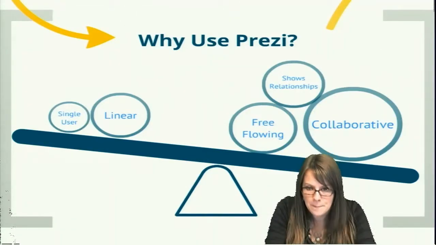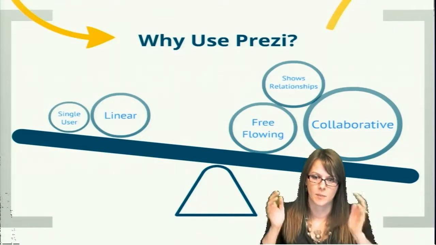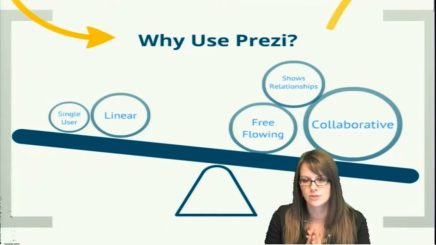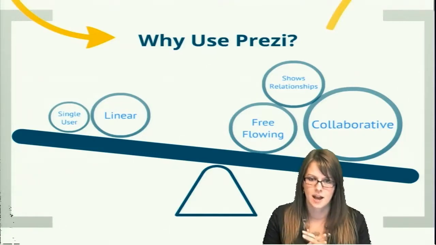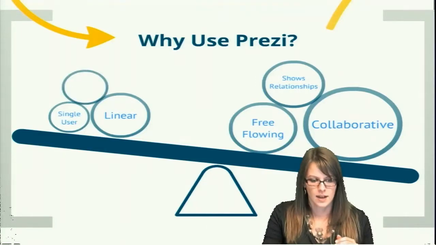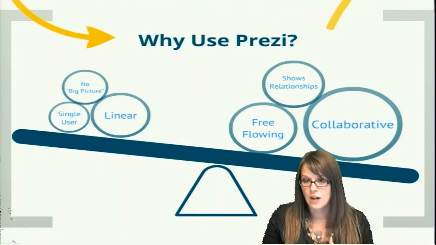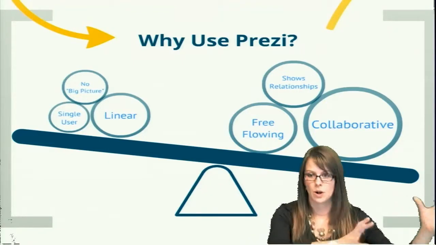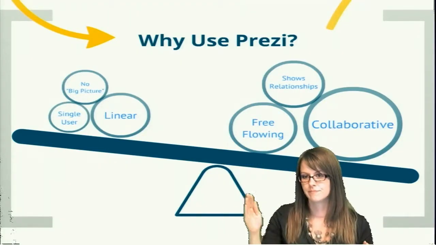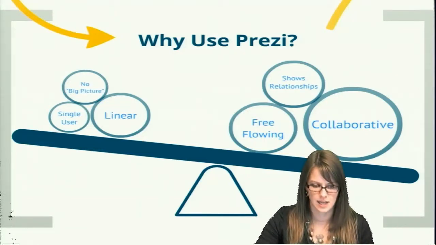I can zoom in to something that maybe is a subordinate topic to my other topics. So it's very easy to draw those relationships other than just putting them on the same slide, for example. With the traditional route, you're not going to have that big picture where you are moving in and out and from one thing to another. You're just going from slide to slide.